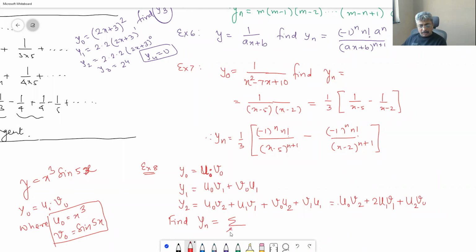The answer is sigma r goes from 0 to n, n choose r, into u's n minus rth derivative times v's rth derivative. Add all of them, that will be your nth derivative. This is the formula by Leibniz, Leibniz theorem for finding the nth derivative of a product of two functions.